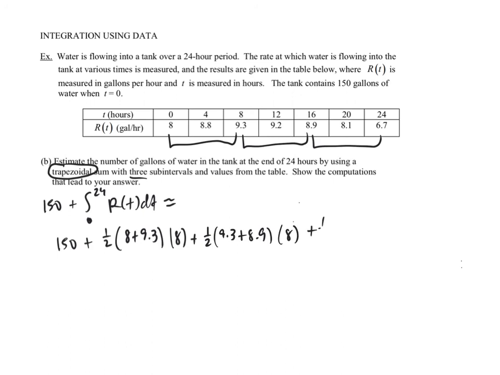And then finally, for the last subinterval from 16 to 24, we're going to say 1/2 of the y values, 8.9 plus 6.7 added together, multiplied by the width of that subinterval, which is 8. And the unit on this particular answer is going to be gallons.